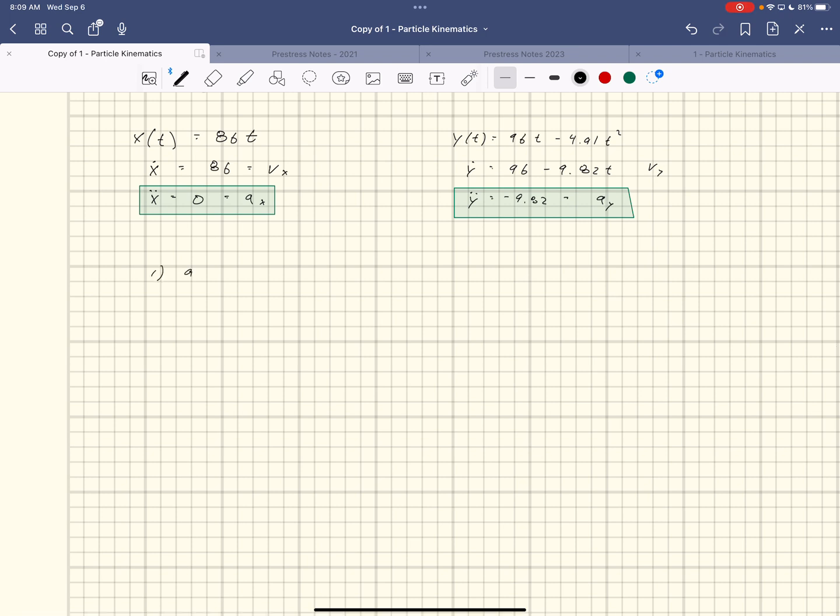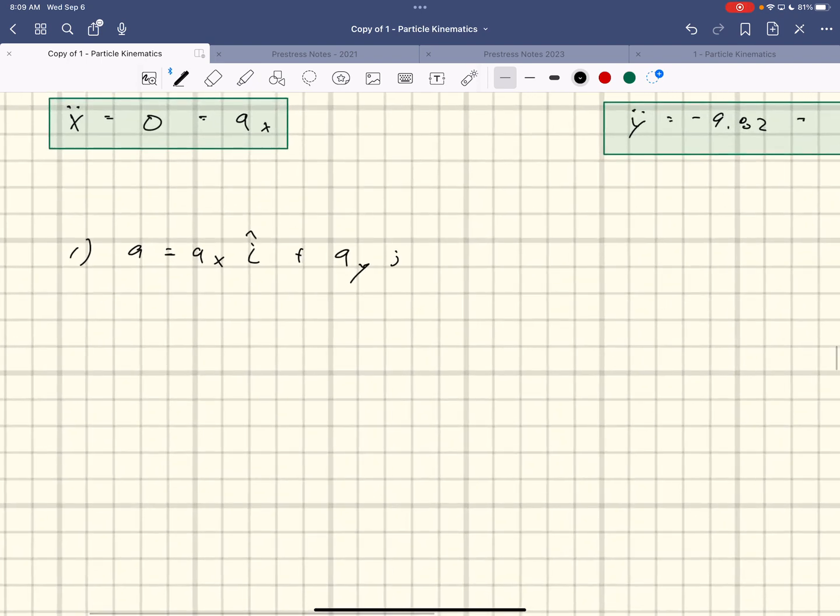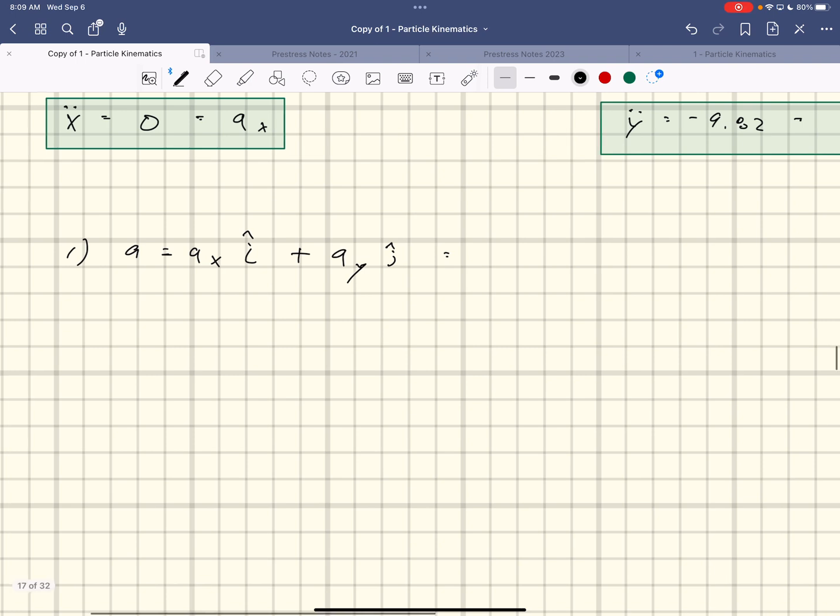The acceleration vector is just equal to ax in the i direction plus ay in the j direction. So that just ends up being negative 9.82 in the j direction. That's the vector of it, meters per second squared.